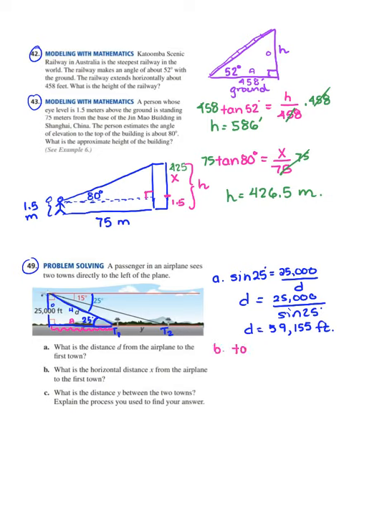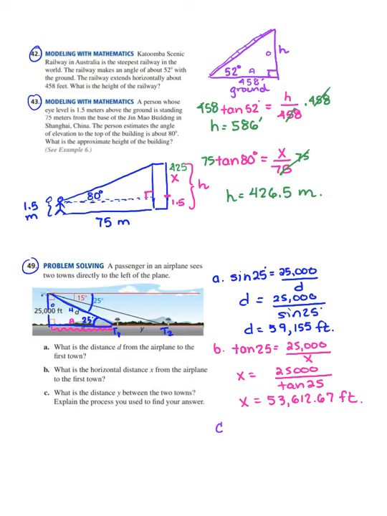So I know that the tangent of 25 is the opposite, which is 25,000 over x. And so x equals 25,000 over tan 25. So when I go to my handy dandy calculator, tan 25, this is going to be 53,612.67 feet. I don't know what decimals they want, so I'm just going to give them some.